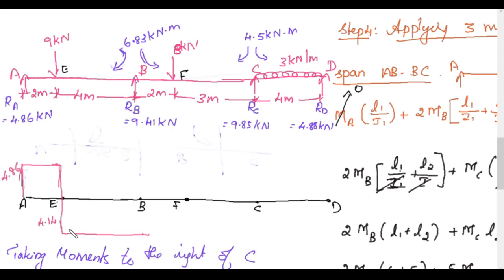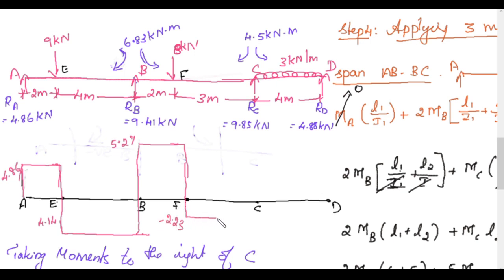So minus 4.14 plus 9.41 we get 5.27. Then up to F there is no change. Now there is an 8 kilonewton load. So 5.27 minus 8, it is minus 2.23 at F.